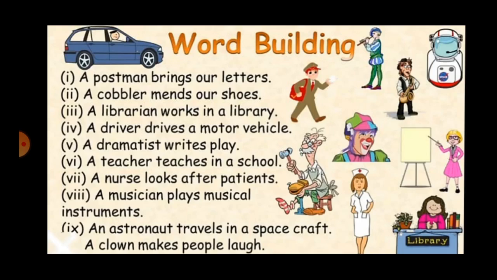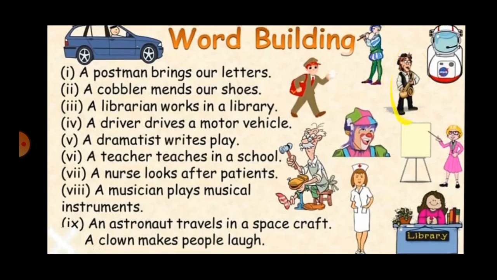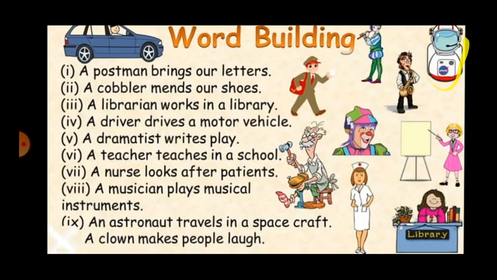Next is a musician plays musical instrument. What do a musician used to do? A musician used to play musical instrument. Next, an astronaut travels in a spacecraft.